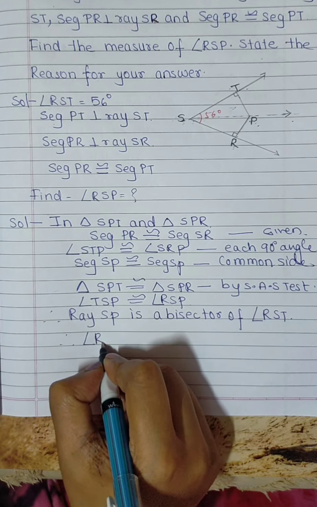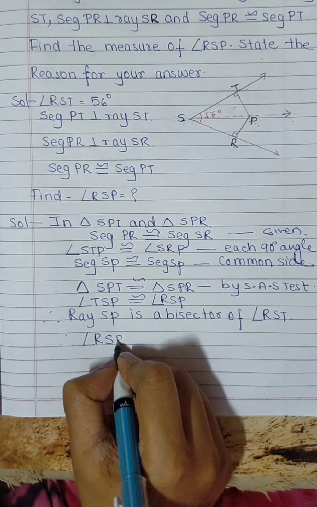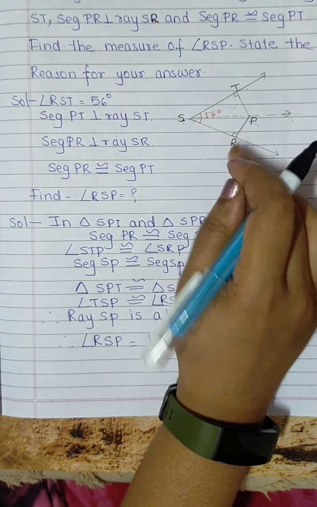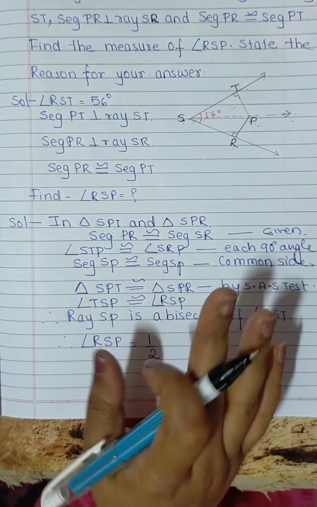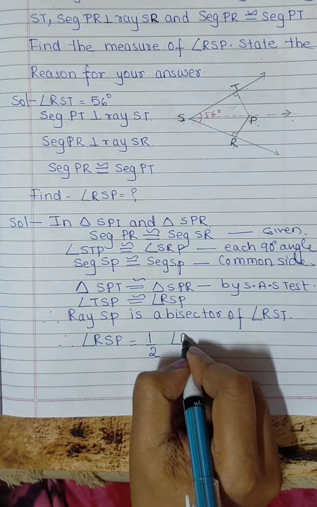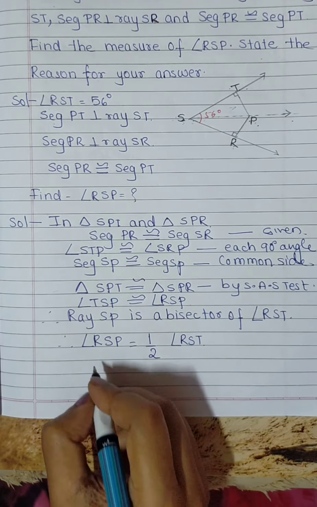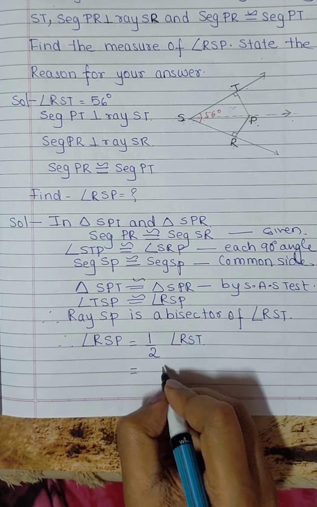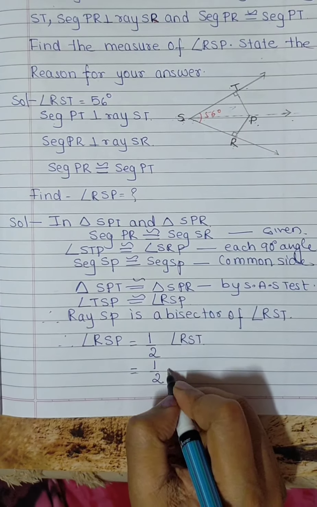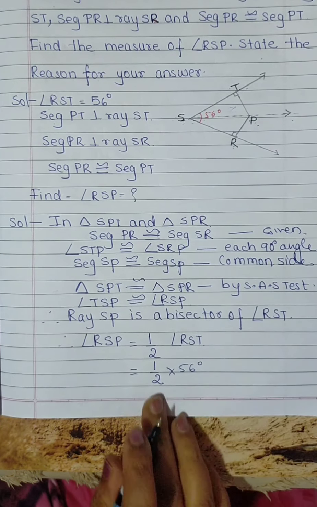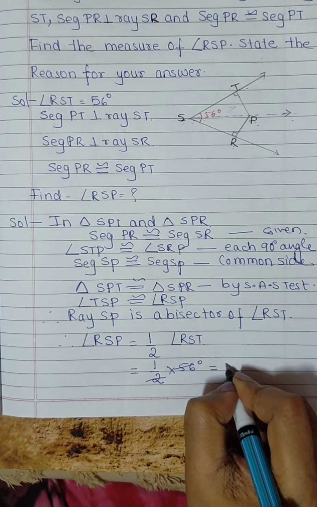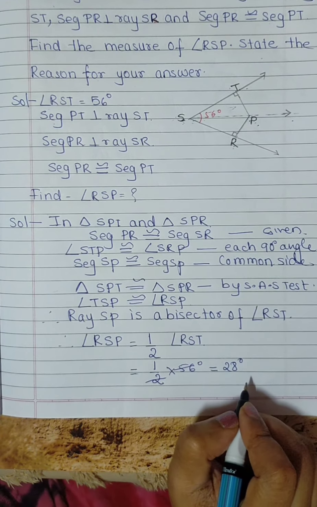angle RSP is equal to half of, see, angle RSP is a half of angle RST. So we'll write half, and what is given? RST given 56 degree. So when we divide, we'll get 28 degree.